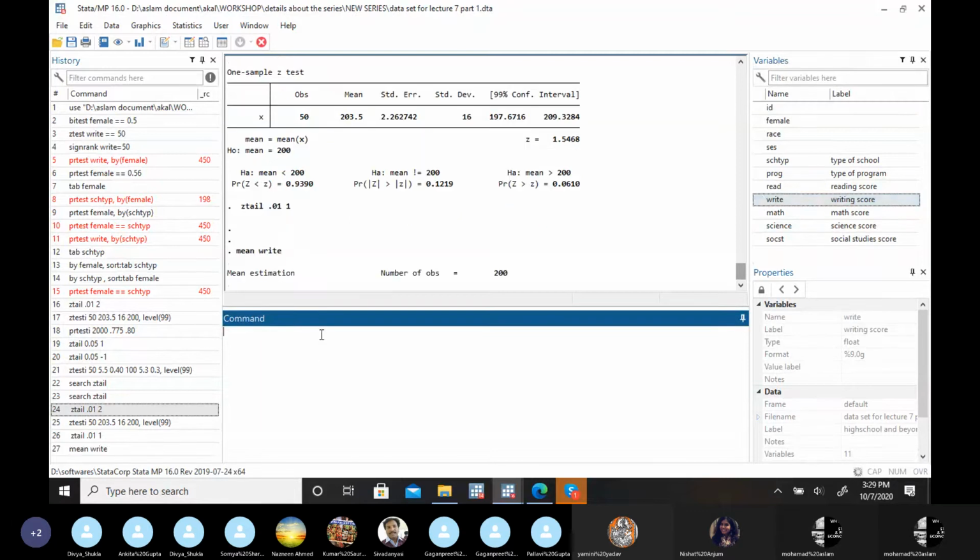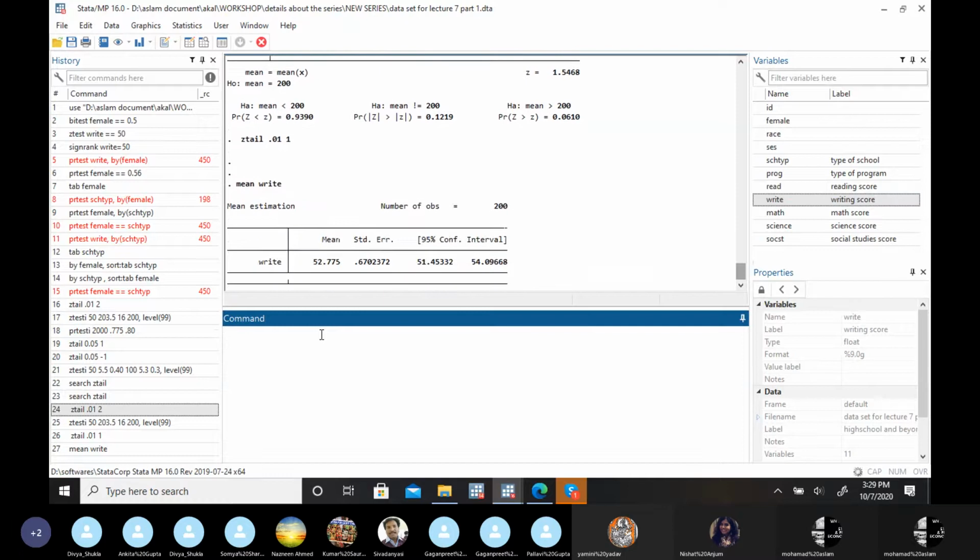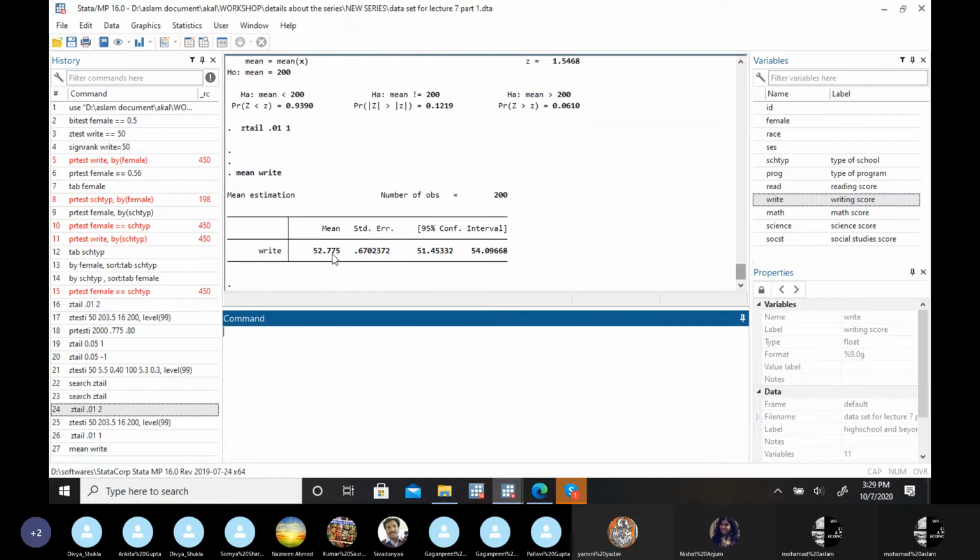Let's suppose this is the mean score in the sample of students' data, 52.77. Let's suppose this is a case of one particular section in a particular school, and I know that all the sections have a mean score of approximately 60, but this particular section has an average score of 52.77.